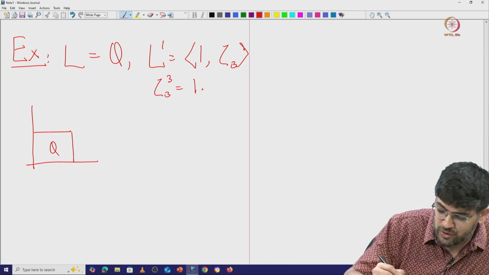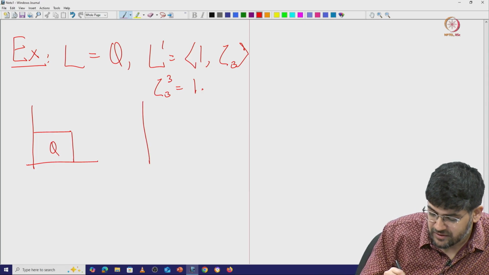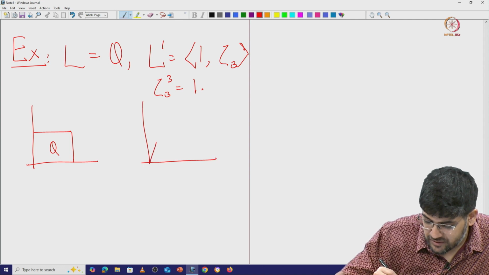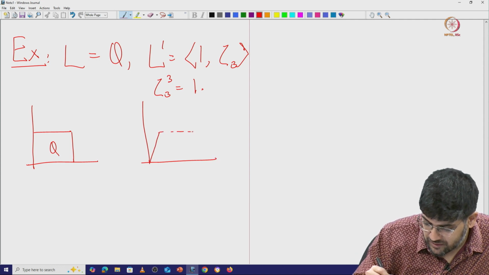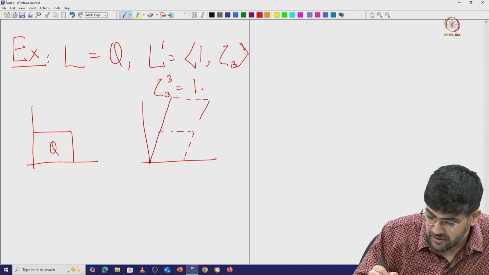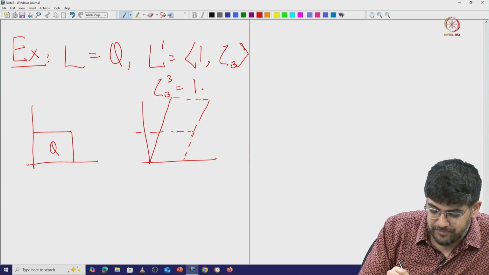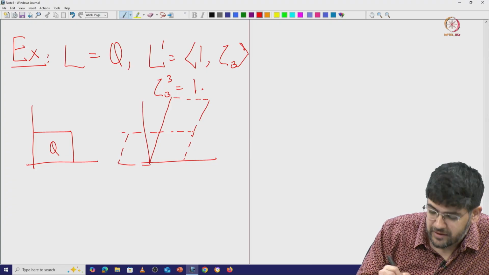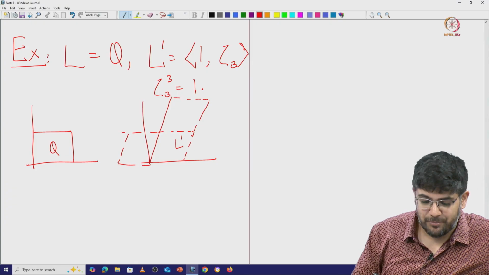So this is L, and this is the lattice formed by L prime.